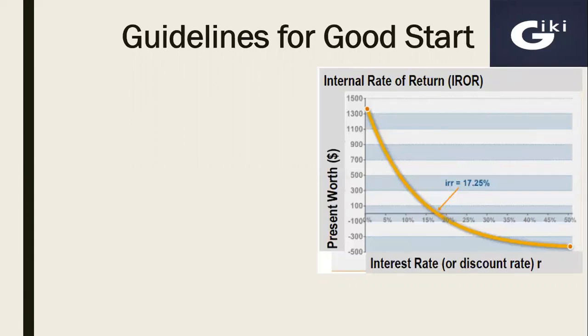For this, we need to remember and keep in mind every time solving such problems the nature of the relationship between present worth and rate of interest or discount rate. As we have established this fact earlier, that there is a negative relationship between interest rate and present worth. So if we need to come closer to the zero, we have to increase the rate of interest to get present worth equal to 0.